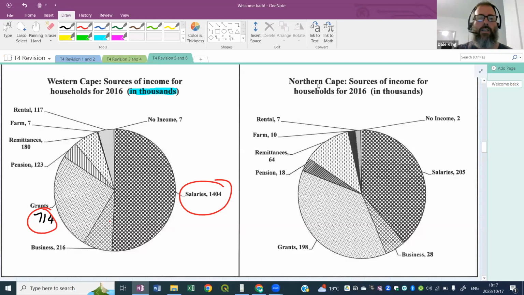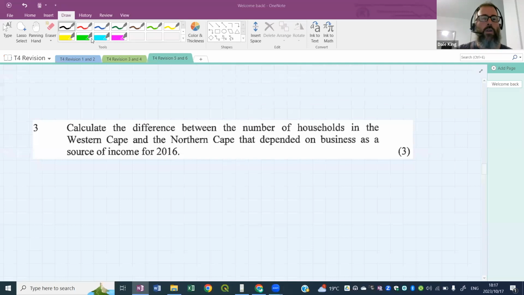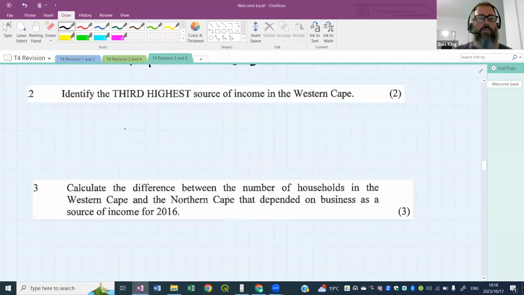All right, so salaries is first, then grants is second, and they wanted the third highest, which is business. Yes, there we go. Well done. So looking at the graph, business is the third biggest. Let's write this over here quickly, and you can read the next question while I'm doing that. 2 marks in the bag there.